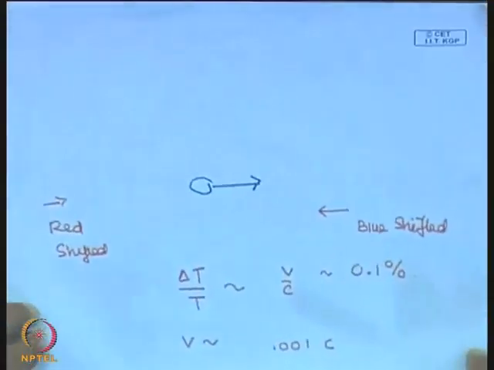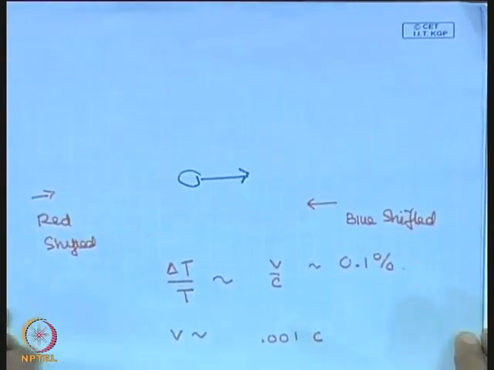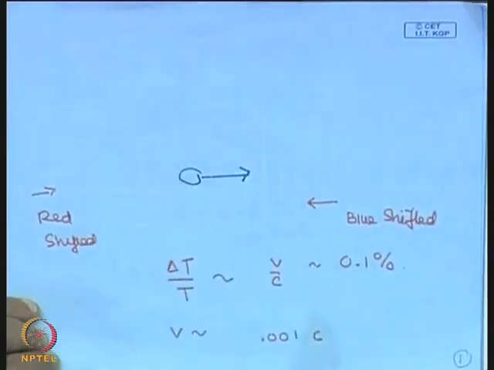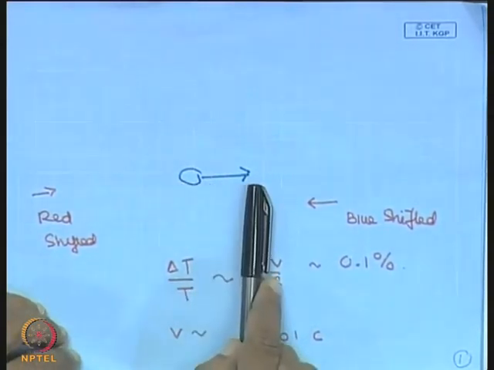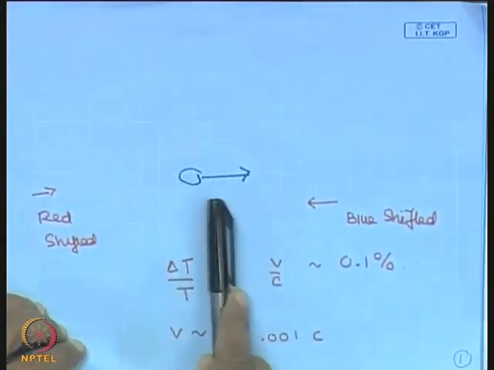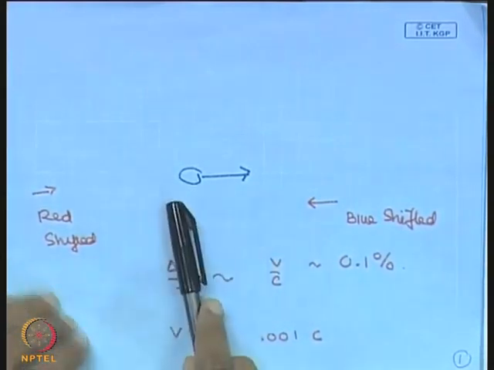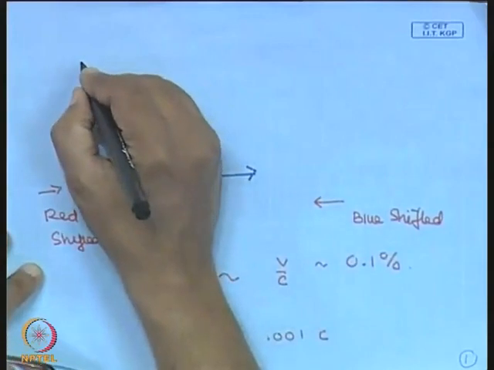Let me also mention one more thing. The same argument can also be used to calculate the effect of our motion on the cosmic microwave background radiation, because our motion will cause the observed frequency for every mode to be slightly different. Because of the Doppler shift, the frequencies will get modified.